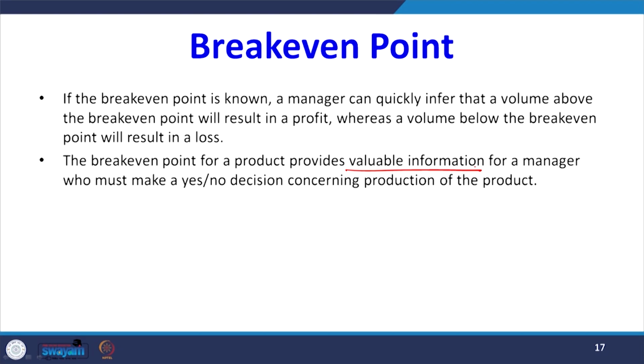So, the break even point will tell you whether that quantity will yield you profit or not. So, the break even point is the point where there is no profit situation. So, when the profit function is 0, the corresponding quantity is called your break even quantity.